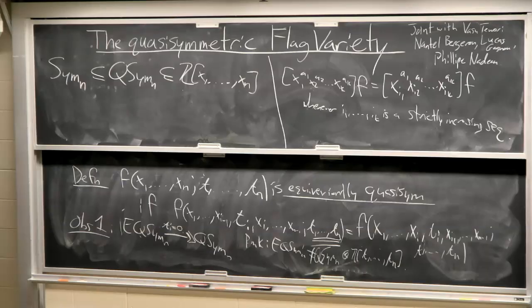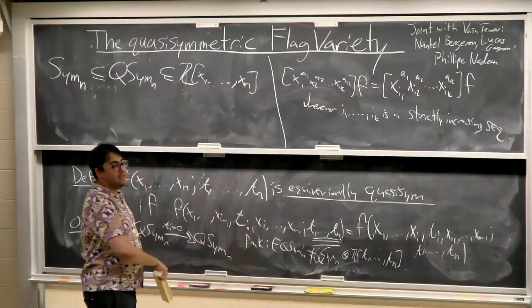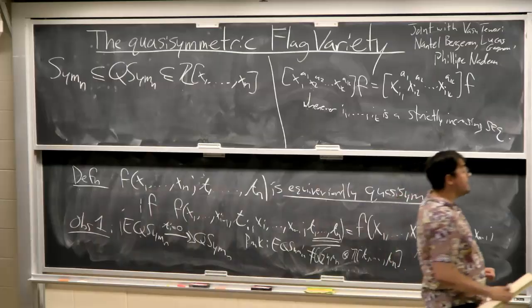Well, by construction, equivariantly quasi-symmetric things take the same value on all nice permutations. Because my ability to play this game successfully gives me a certificate that the evaluation of that permutation of the t variables, when I plug it into the x variables, can be reduced down to the identity permutation. Any two of these evaluations are the same.